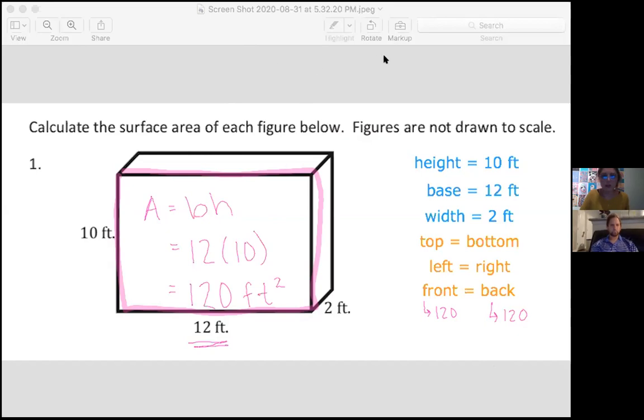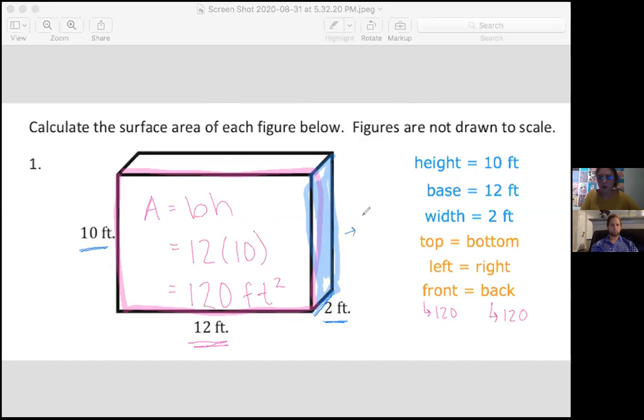Then I guess we can move on to this side one. The one that I'm shading in blue has a different base than our front one. It has a base of 2, also known as the width, but we will get to that later. The base of this small rectangle is 2, but the height is the same as the height over here, which is 10 feet.